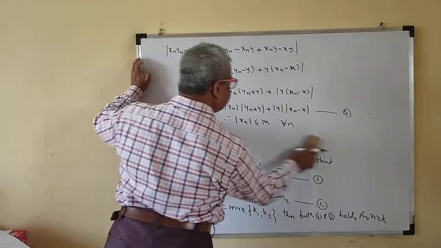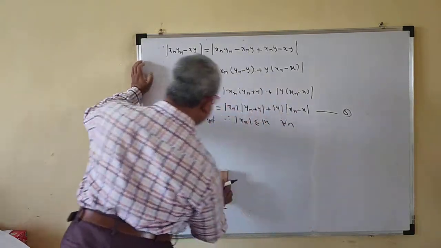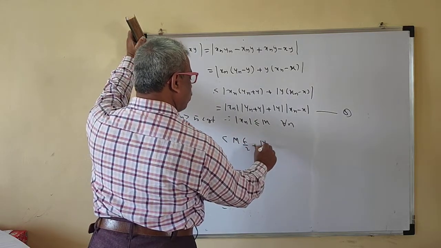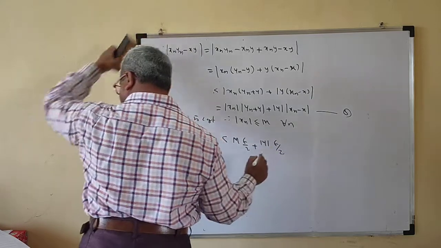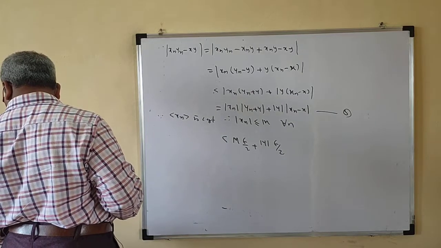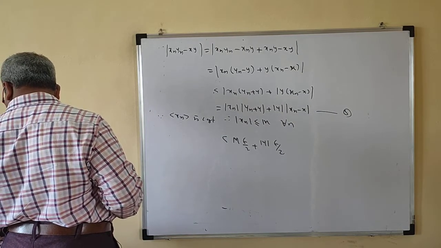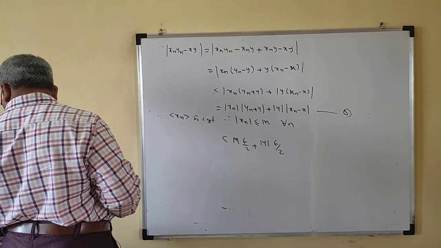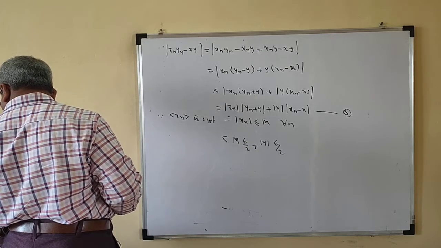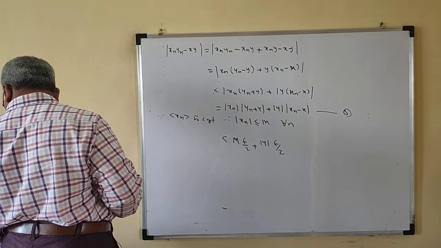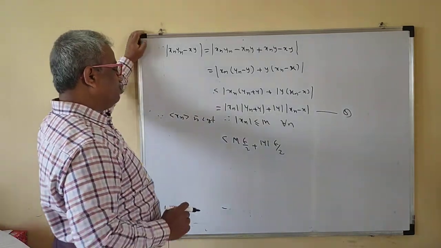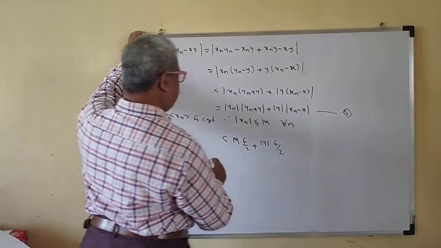So we write this as less than M times epsilon by 2 plus mod y times epsilon by 2.